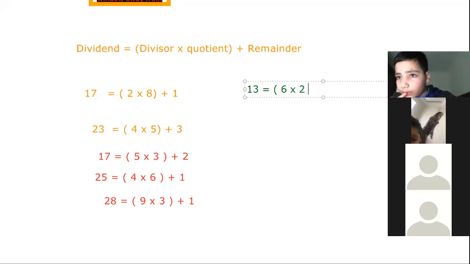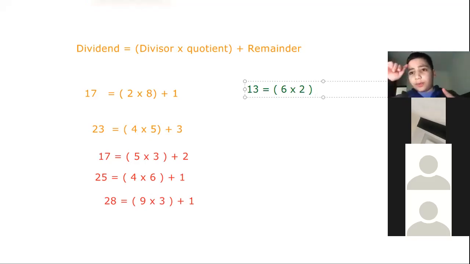Very good. 6 times 2 is 12, sorry. But I have 13. So what's the remainder? What's left for 13 if it's 12? 1. So the remainder is 1.